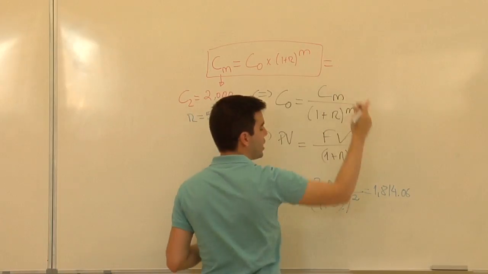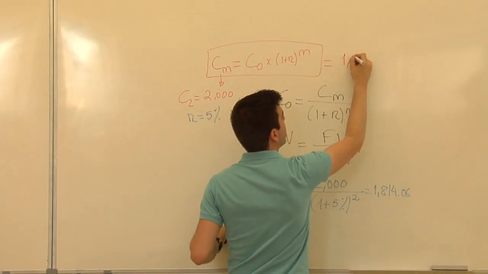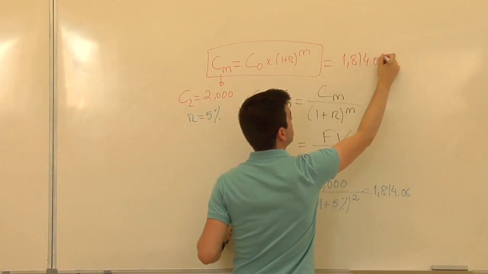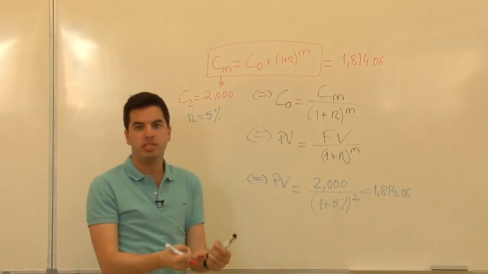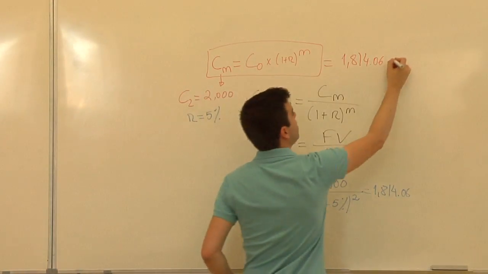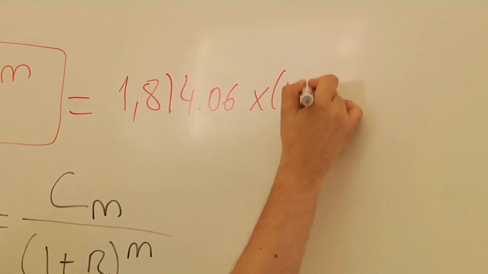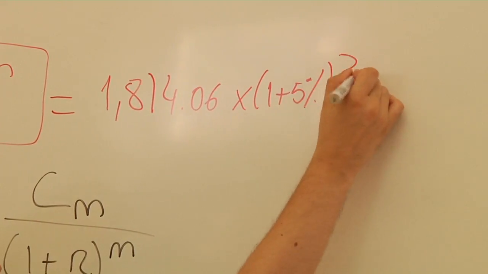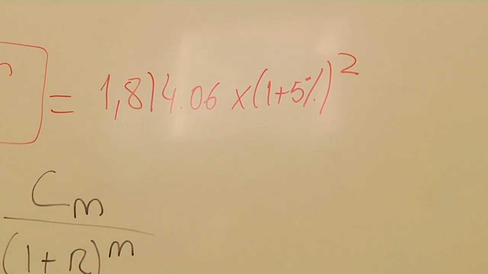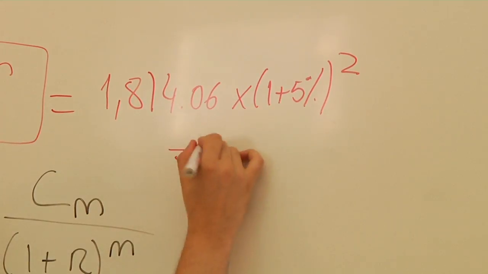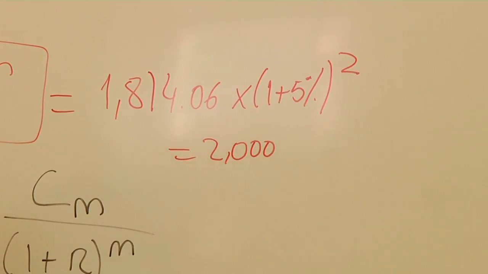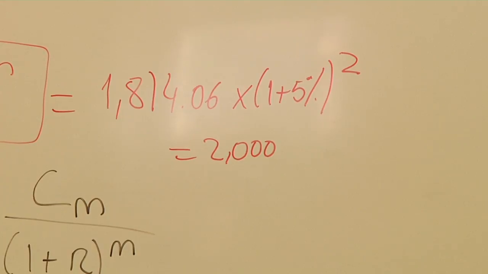So if you use the values we got, you have here 1,814. Imagine you have this amount today, then you will compound with an interest rate of 5% throughout 2 years. So we are just confirming that this here will be 2,000. And if you do this in your calculator, you will find this.